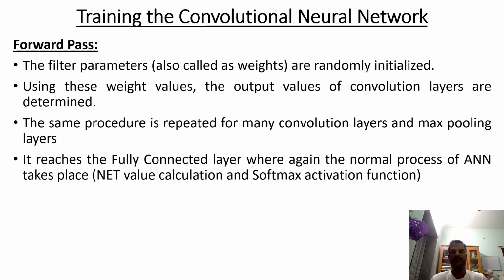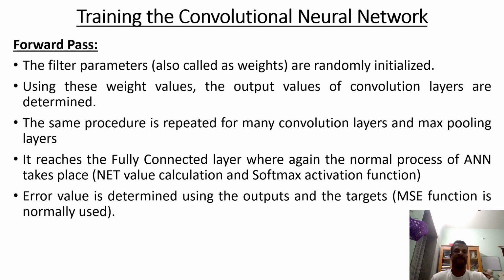Depending upon the combination of convolution layer and max pooling layer, continuously repeat the process till you reach the fully connected layer, where we convert our two-dimensional data into one-dimensional data, because the output of the max pooling layer is a 2D image, but the input layer of the FCN is a single column. Here we again make use of net value calculation and the softmax activation function. And as we all know, CNN falls under the category of supervised learning, so the error value is calculated using the outputs and the targets.